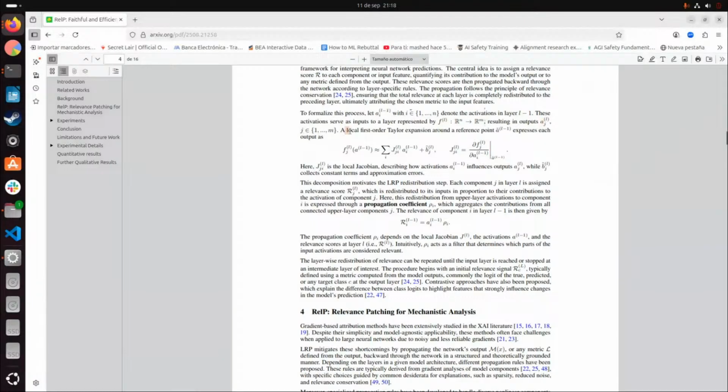The first-order Taylor expansion around reference points describes the output, with the local Jacobian. Okay, so it has this formula. They do an approximation, a sum over j, which is the result of the function.